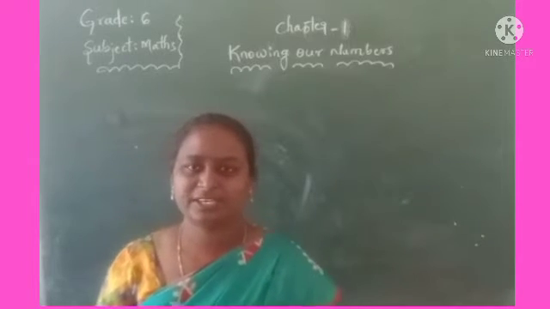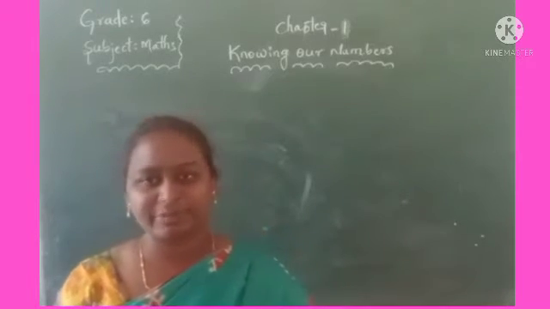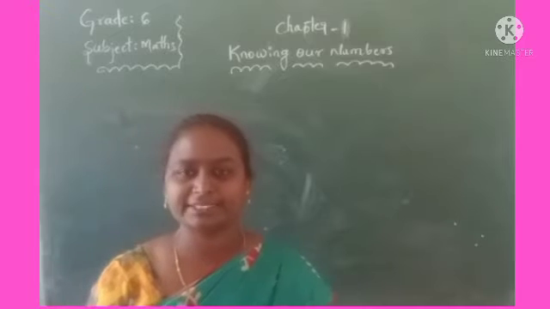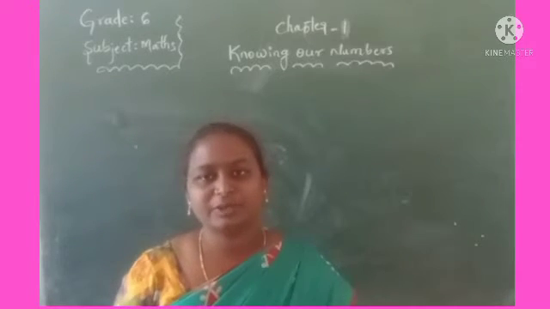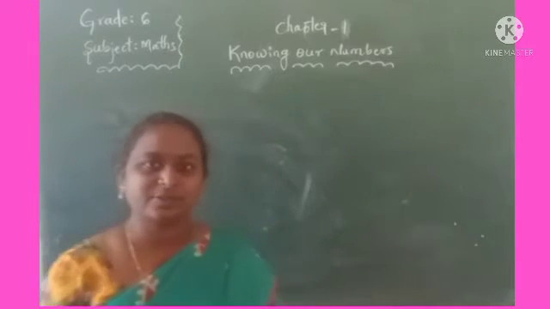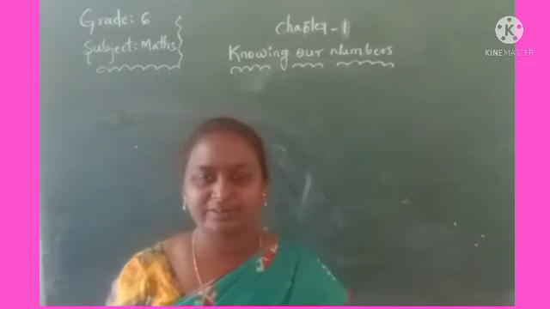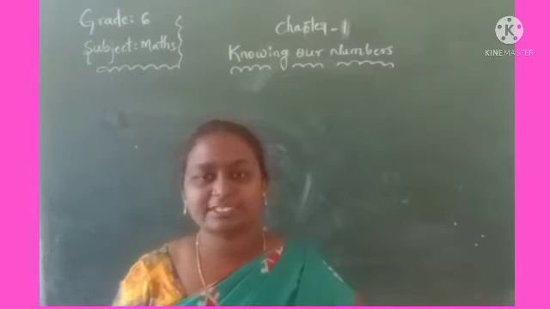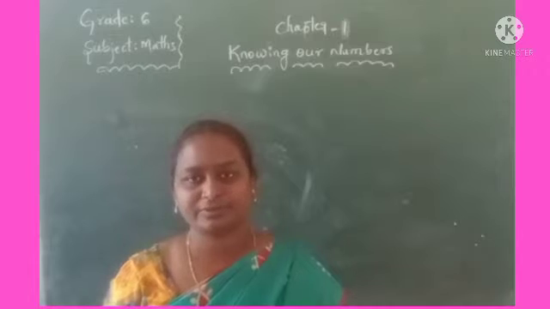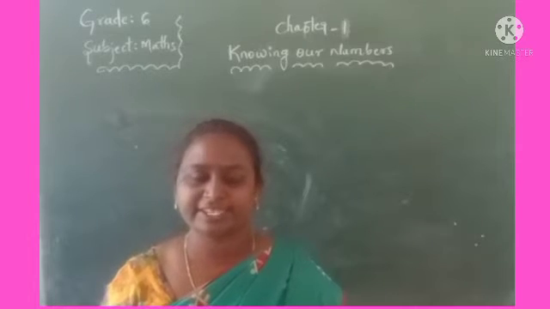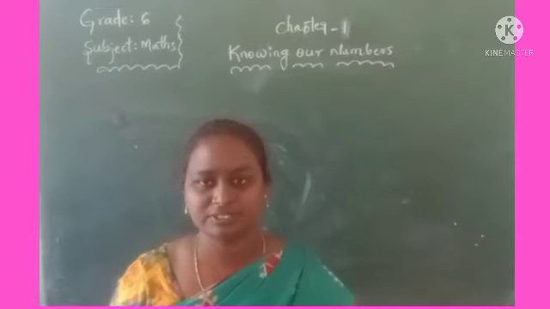Today we are going to learn about using brackets, expanding the brackets, and Roman numerals. In the previous classes we have learned how to estimate, that means rounding off to the nearest 10, nearest 100, nearest 1000.